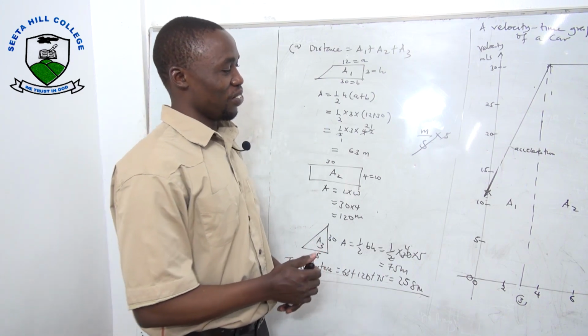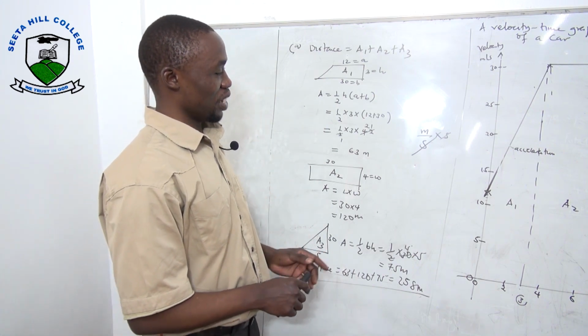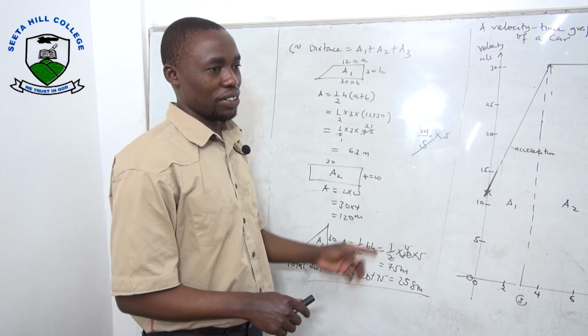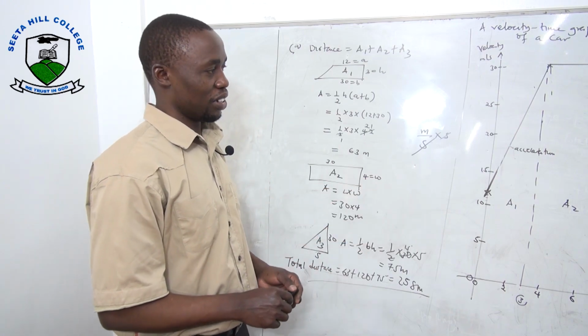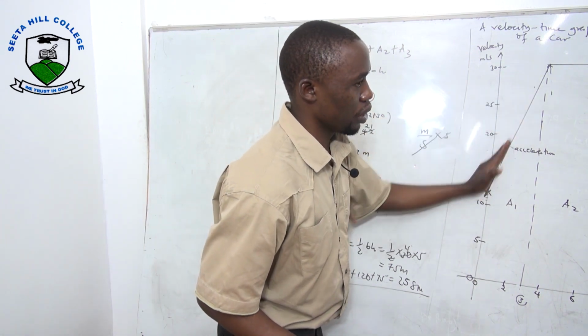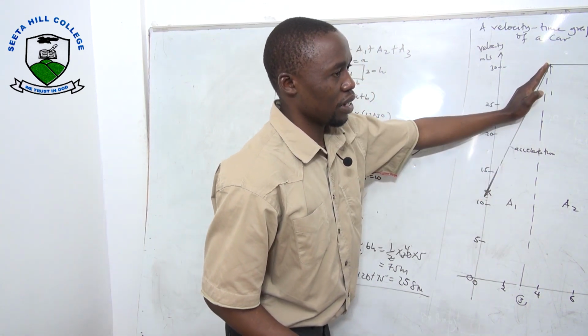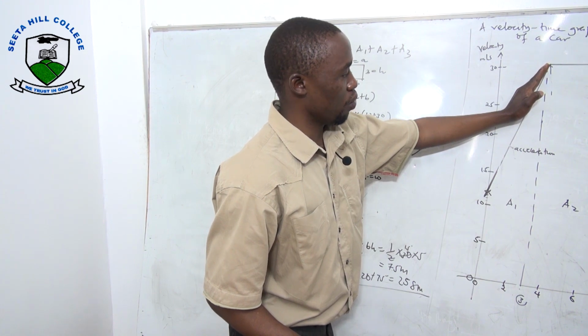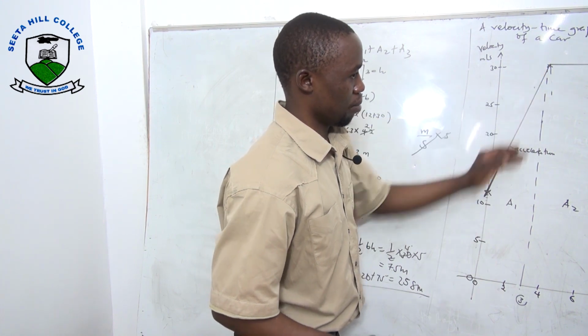Okay. Now look here. Let us finish with acceleration and we close this topic. Now acceleration only occurs in this section, and we find the change in speed out of change in the time.